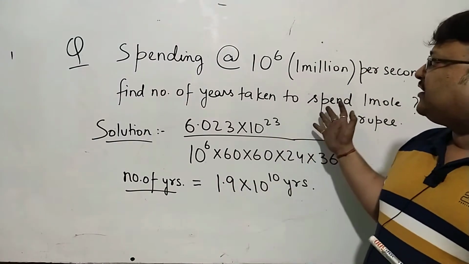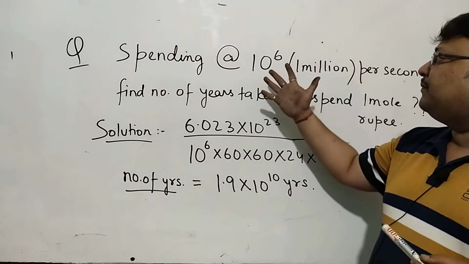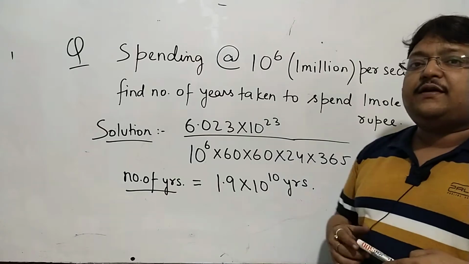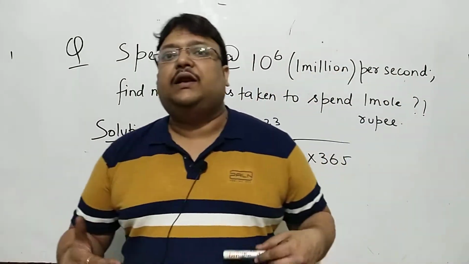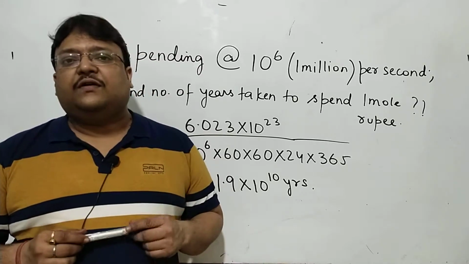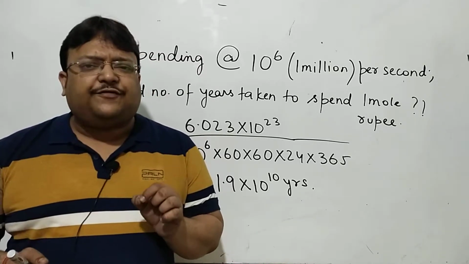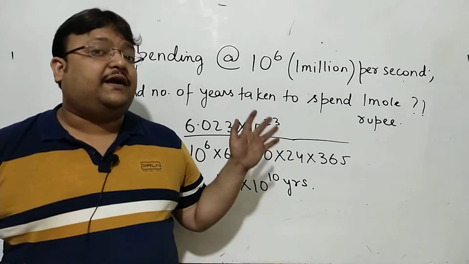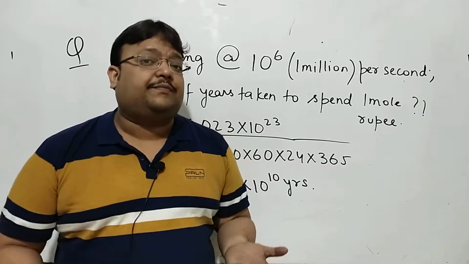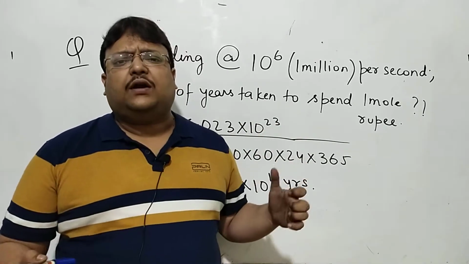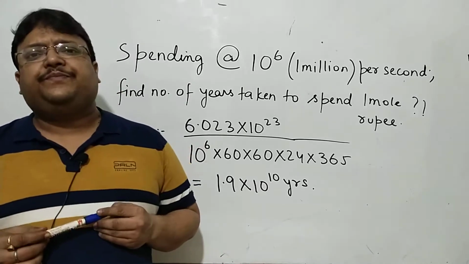So when we are looking at spending 1 mole of rupees at an impractical rate, the number of years taken is 10,000 million years. Certainly human civilization will not last this long, and the learning from this problem could be that you can never even imagine spending this much money or printing this much money. You can't even deal with such a huge amount in terms of currency.